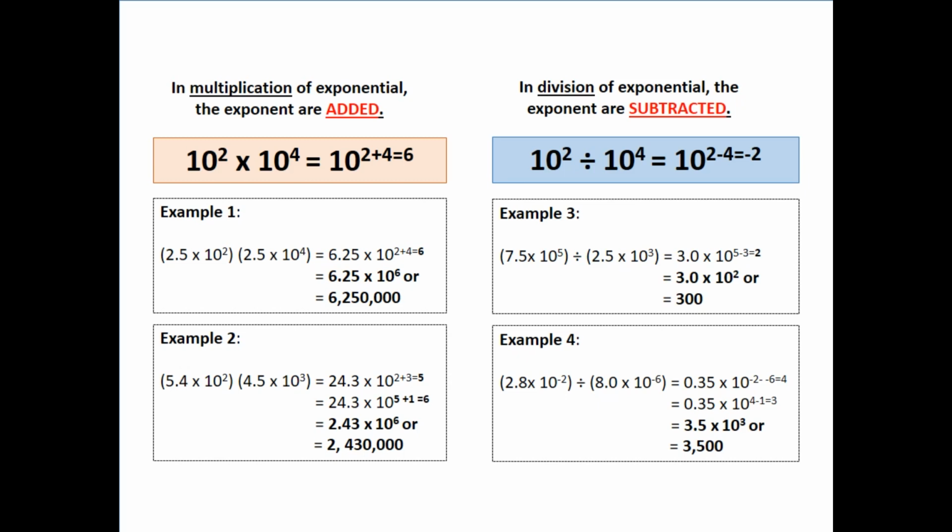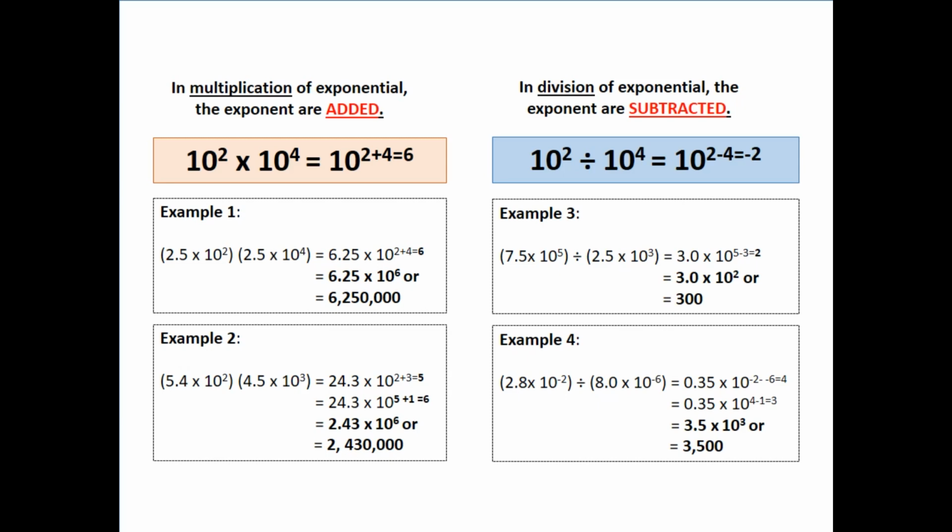Okay. So, another, we have dividing exponential form. When we multiplied, we added the exponents. This time when we divide, we subtract the exponents. Okay? So for example, you have 10 raised to the power of 2 divided by 10 raised to the power of 4. So that is equal to 10 raised to the power of 2 minus 4.